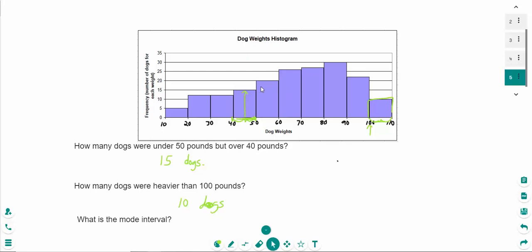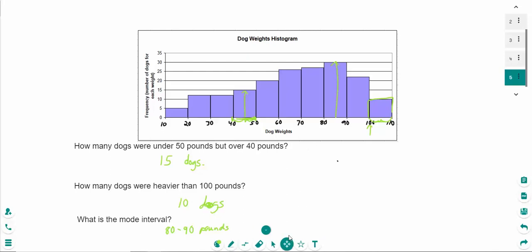That's what we talked about earlier. Which bar is the tallest? This bar is the tallest. So the interval that contains the most dogs is the interval 80 to 90. So 80 to 90 pounds would be the mode interval. That's where most dogs tended to fall.